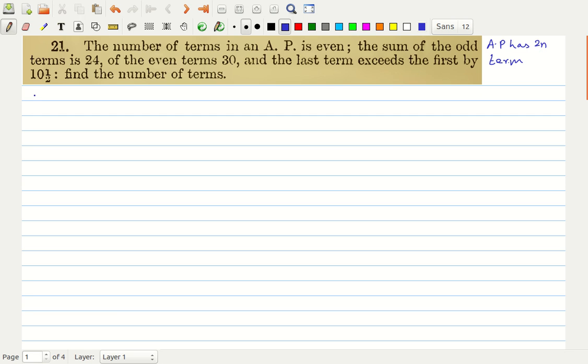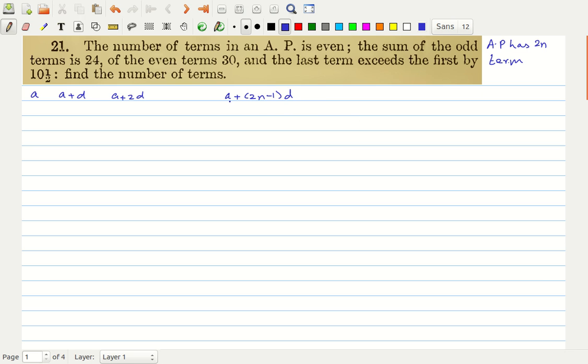It will be A, the second term will be A plus D, the third term will be A plus 2D, and the 2nth term will be A plus (2n minus 1)D, right? So this is the AP.